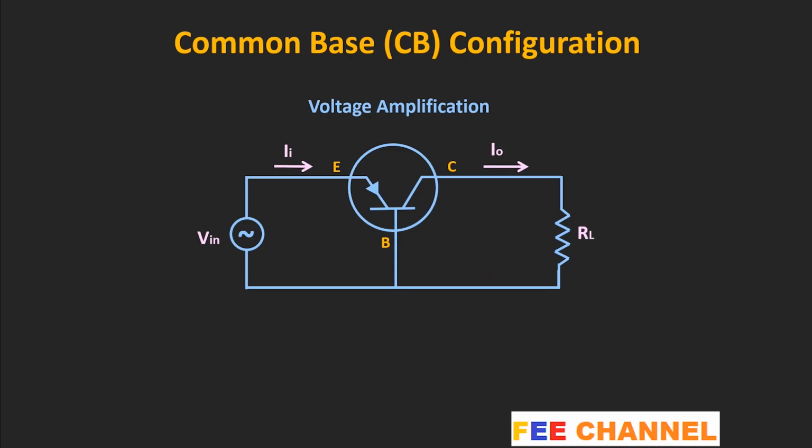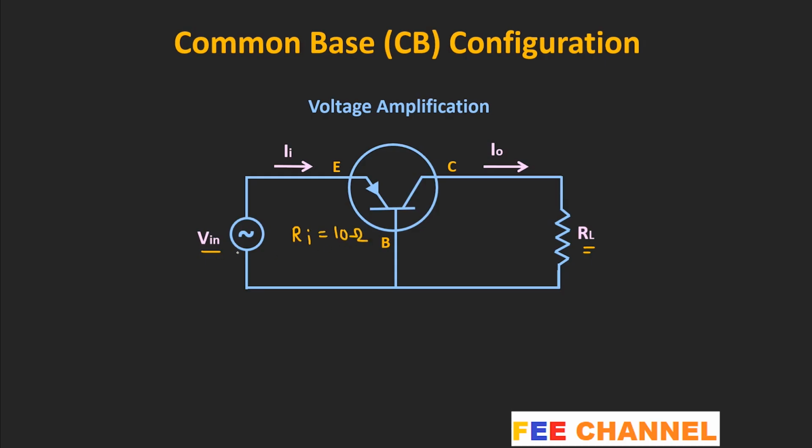Alright, so now let's understand briefly how the signal is getting amplified in this common base configuration. And here for the simplicity, the DC biasing voltages are not shown. So let's say Vi is the input voltage which we want to amplify, and the RL is the load resistor. Now, as I said earlier, in this configuration, the input impedance is very low.